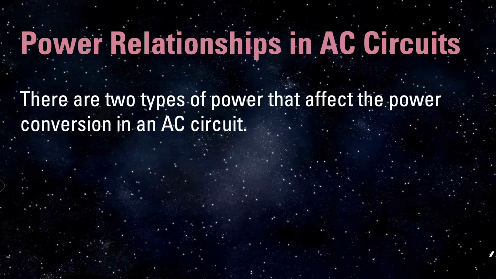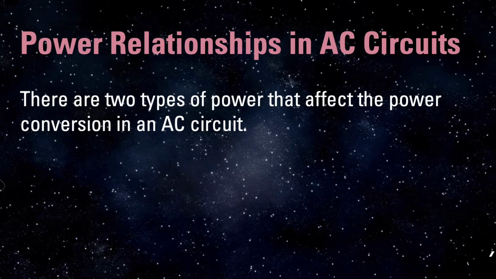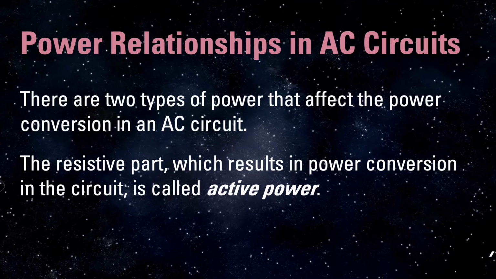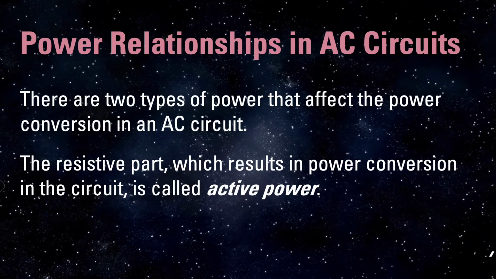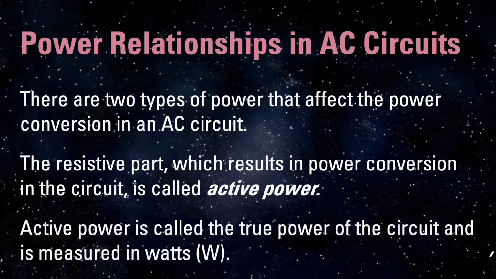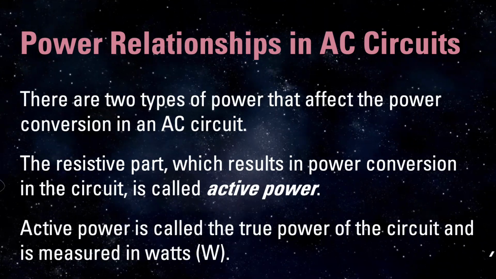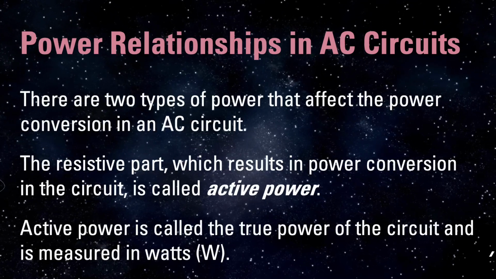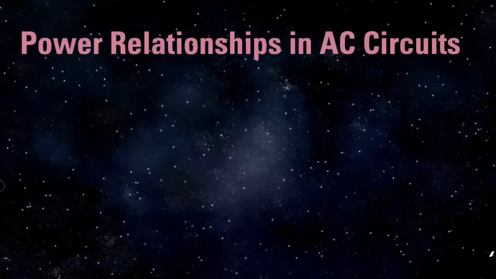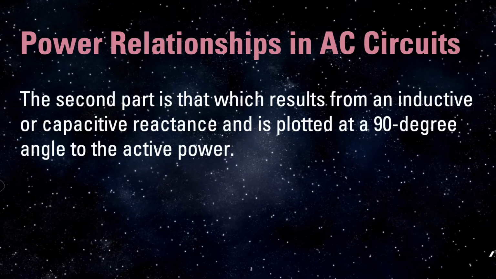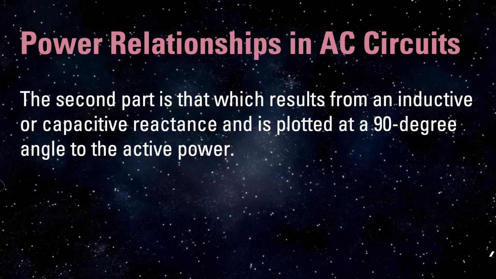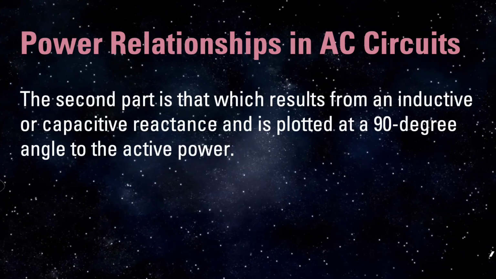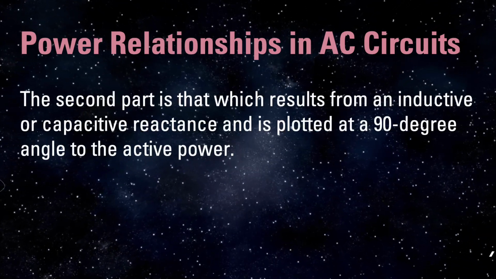There are two types of power that affect the power conversion in an AC circuit. The resistive part, which results in power conversion in the circuit, is called active power. Active power is called the true power of the circuit and is measured in watts, or W. The second part is that which results from an inductive or capacitive reactance and is plotted at a 90-degree angle with the active power.